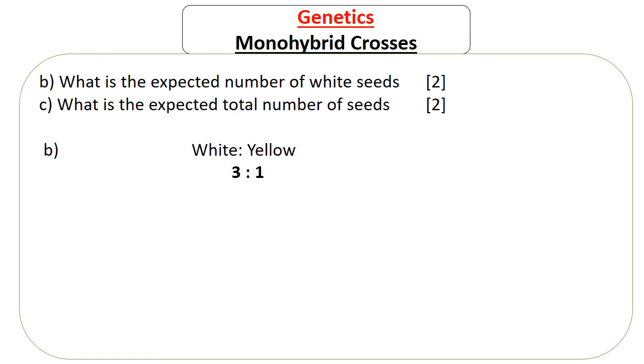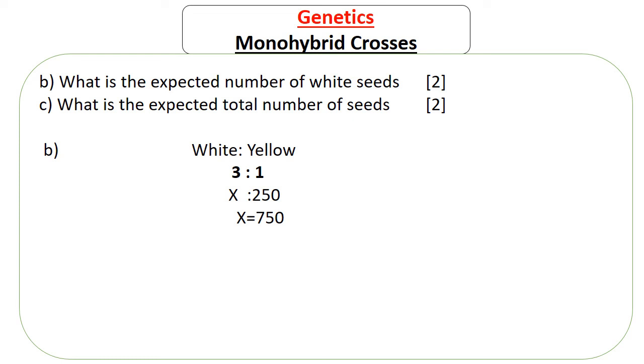So the expected ratio is 3 to 1. But we have been told that we have 250 yellow seeds. So the number of white seeds we don't know, we're going to put x. So we cross multiply, multiplying x and 1 and 3 times 250. So x times 1 is x, and 3 times 250 is 750. So we're going to have 750 white seeds.